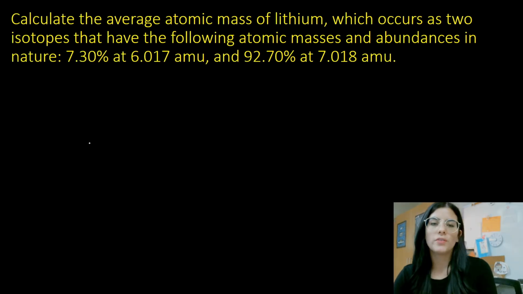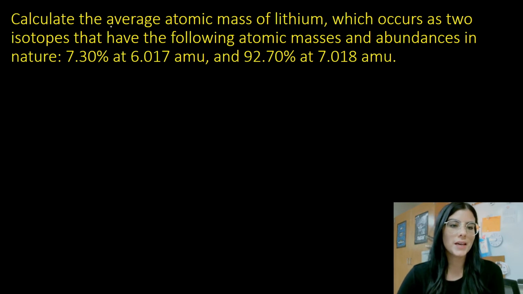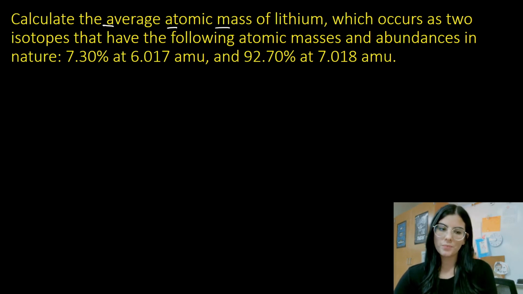Okay, so let's solve an isotope average atomic mass problem. This says, calculate the average atomic mass of lithium, which occurs as two isotopes that have the following atomic masses and abundances in nature. 7.30% at 6.017 AMU and 92.70% at 7.018 AMU.